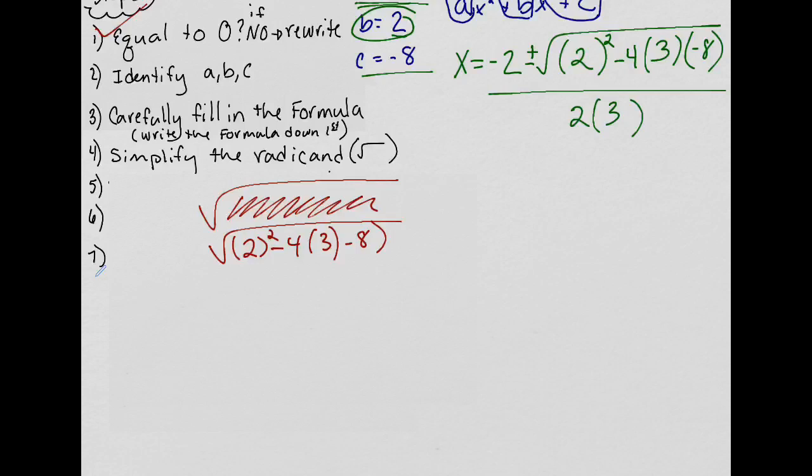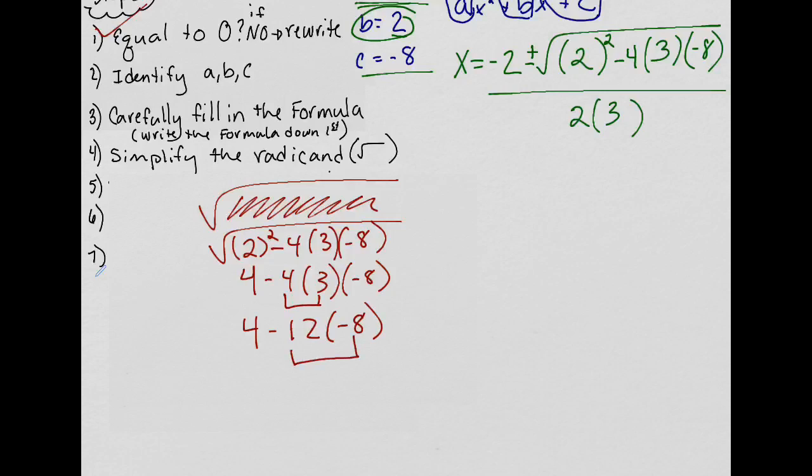I'm going to do this off to the side because there's a couple of steps, and then I'll just rewrite the final one. So 2 squared, 2 times 2 is 4. Then I have minus 4 times 3 times negative 8. PEMDAS tells me to do multiplication first. So 4 times 3 is 12, keeping everything else. Then again, multiplication.